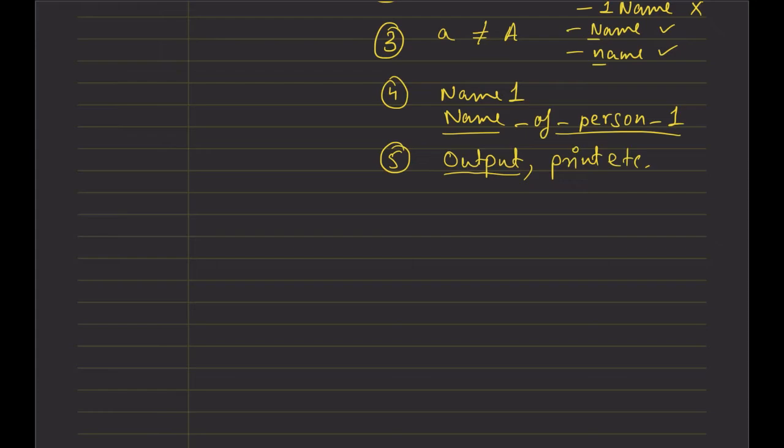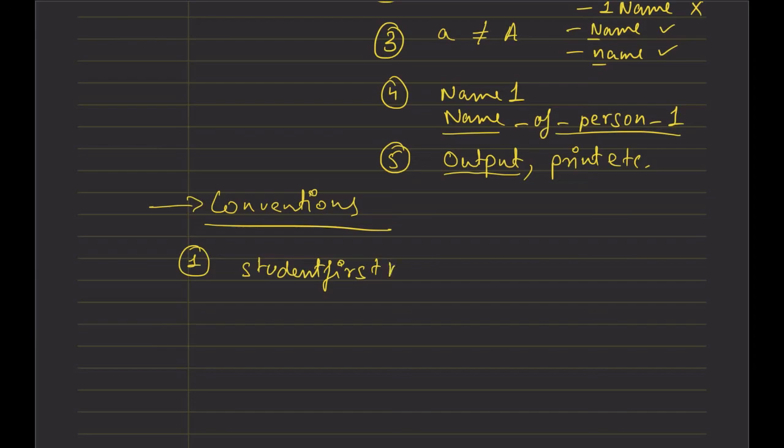Now let us see what are the conventions for writing a variable name. The conventions are, first one being, use readable names for the variables. If a variable name is made up of multiple words, like let's say student first name, in that case you can use either of the following options.